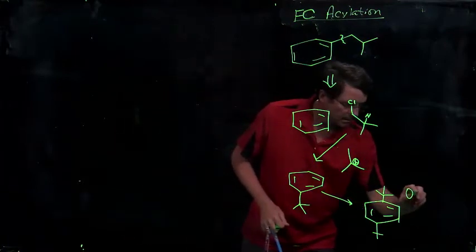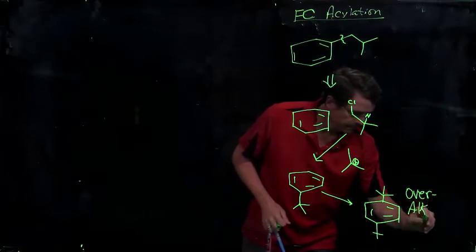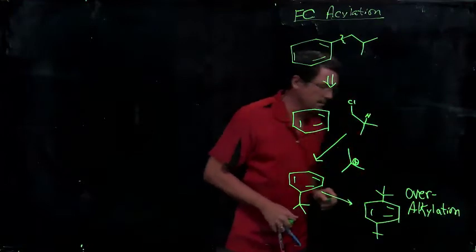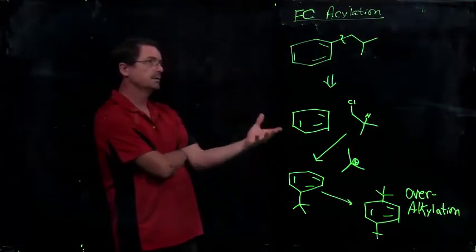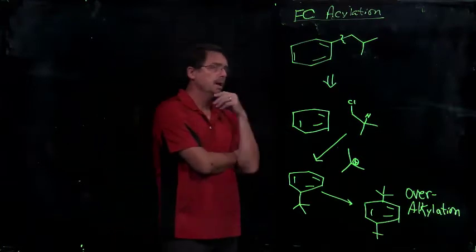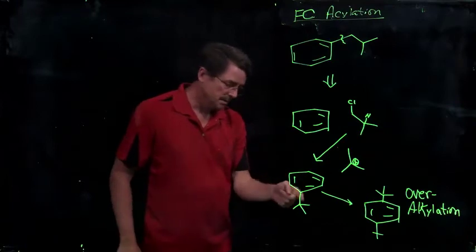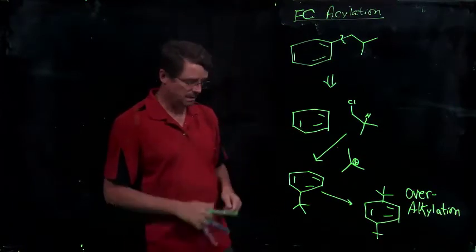This is overalkylation. So this is another problem with the Friedel-Crafts alkylation. Now, how does the Friedel-Crafts acylation solve this problem? Now remember, the t-butylbenzene is more reactive than benzene itself.